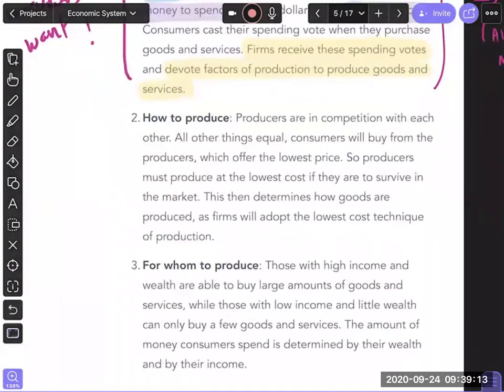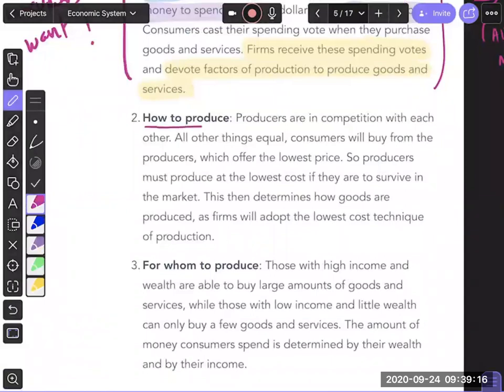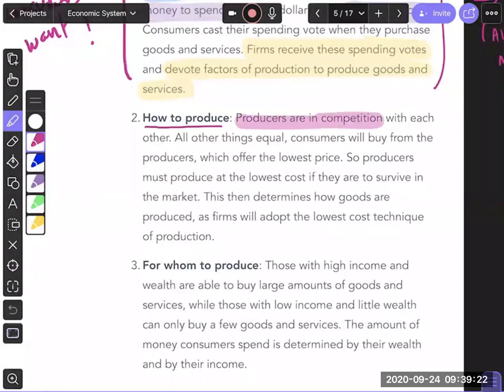Then comes how to produce. Basically, how to produce is an important question as well, because in this economic system, we have competition happening. Everyone is competing with each other. And from a consumer perspective, I'm going to buy from the producer who's giving me the lowest possible price. Given the same quality, whoever gives me the lowest price is the one I will probably go for.